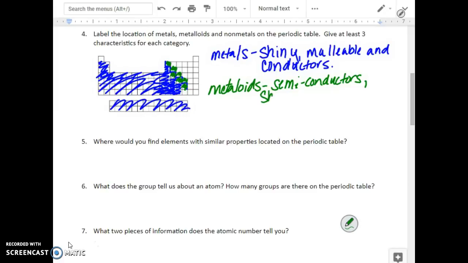They are also shiny, but instead of being malleable and ductile like your metals, they are brittle. And then last over here, of course, we have our non-metals, which is also including hydrogen over there.